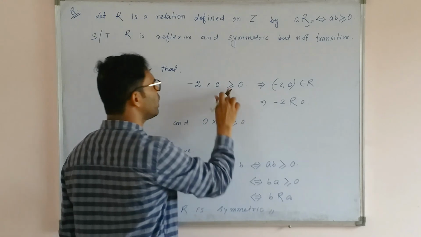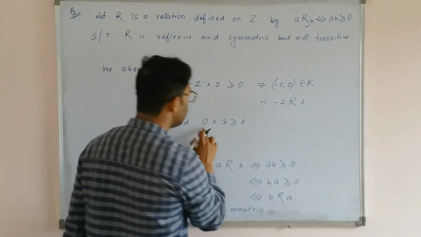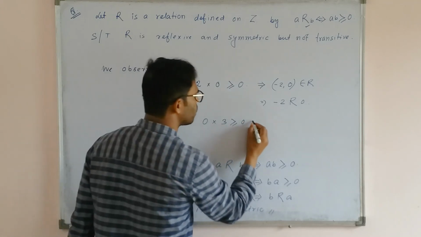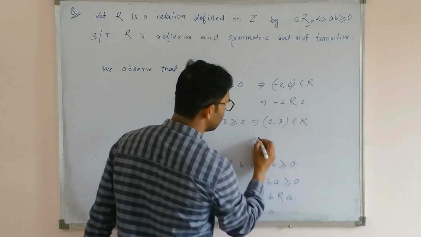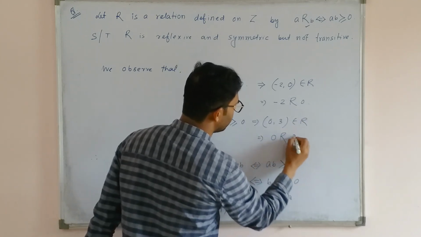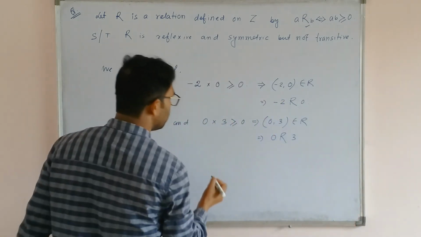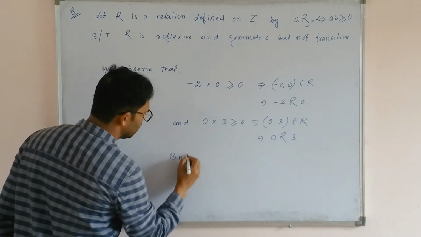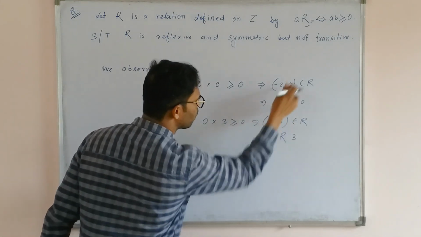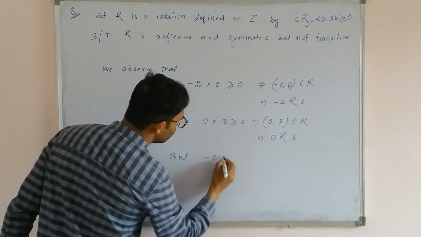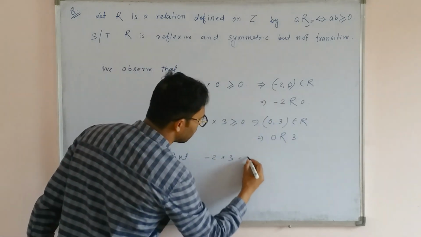So 0 into 3 is greater than or equal to 0, so you can say that (0, 3) is in R, that means 0 is R related to 3. Now see, if you drop 0 from minus 2, 0 and 0, 3, then minus 2 into 3 is equal to minus 6.